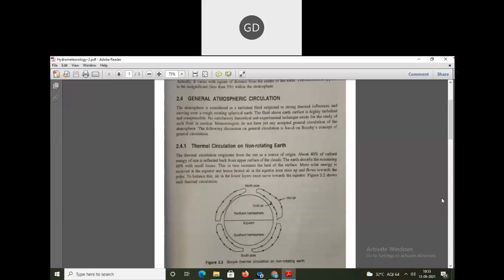Then comes another factor, the distribution of land and water on the circulation.